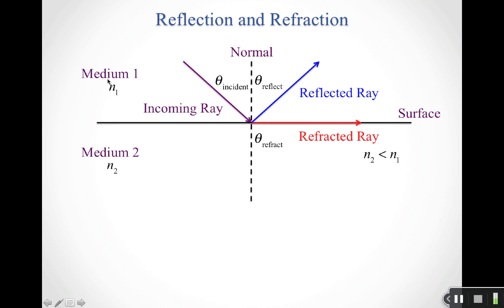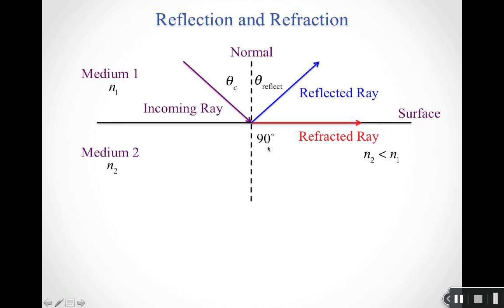So obviously there's a point at which I can make it bend so much. If it's going from higher index to lower index, so here n1 is still greater than n2, I can have an incoming ray that bends so much away from the normal that it's actually going out along the surface. This is a special situation where my incident angle is known as the critical angle.